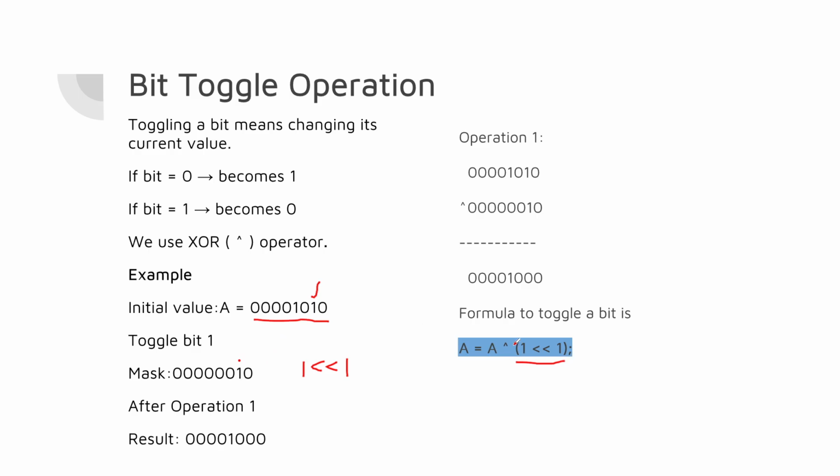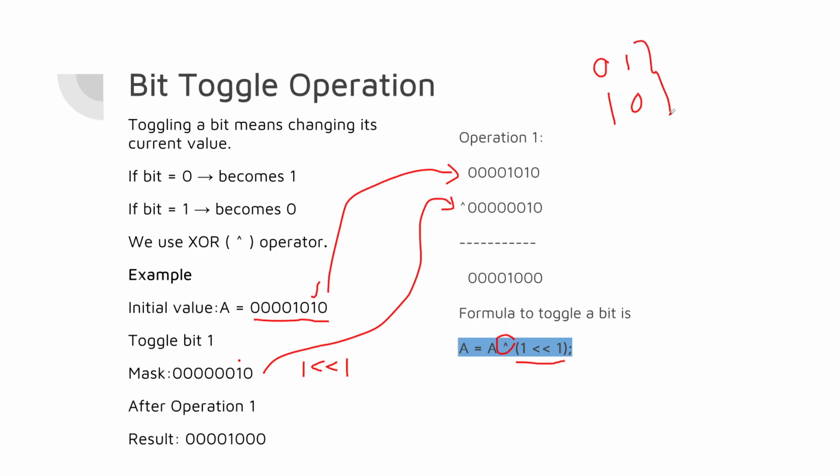So here I have 1. Next, what are they doing? They are doing XOR operation between the A value and the mask value. What does XOR operation mean? If one input is 1 and another input is 0, then the output will be 1. If both my inputs are 1 or both my inputs are 0, then the output will be 0.